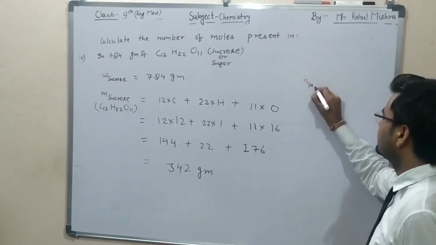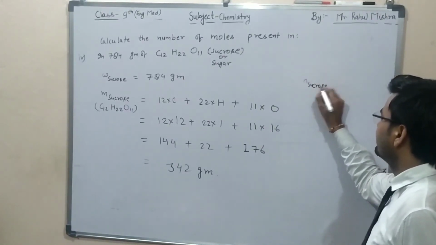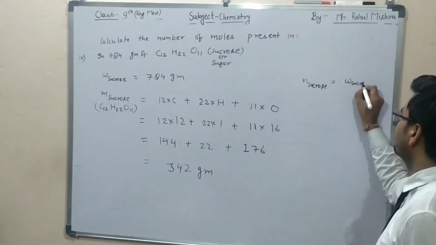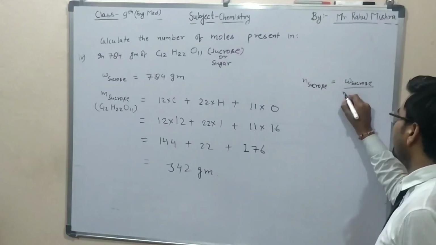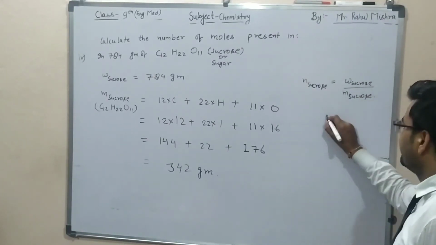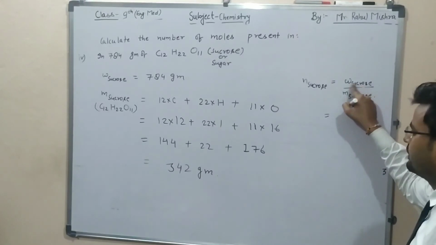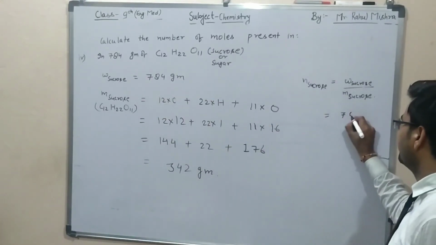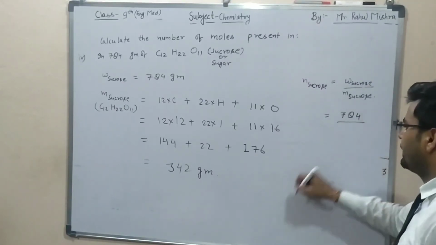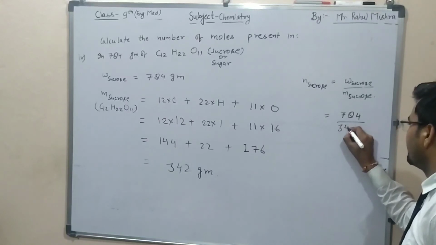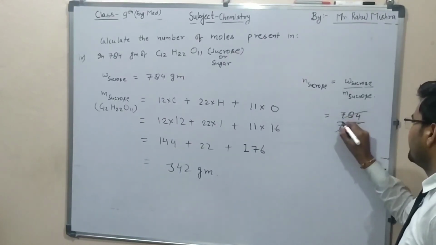So the number of moles of sucrose is equal to W of sucrose upon molecular mass of sucrose. So what is the given mass of sucrose? It is 784 gram divided by the molecular mass of sucrose, 342 gram.